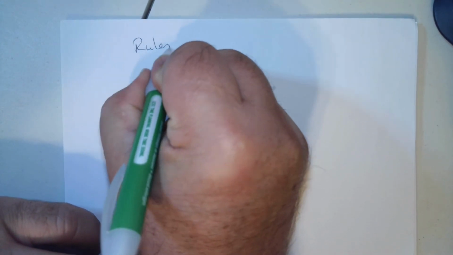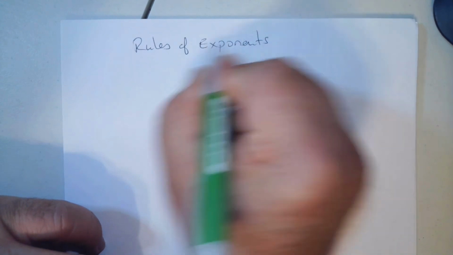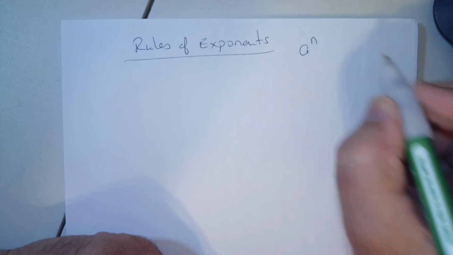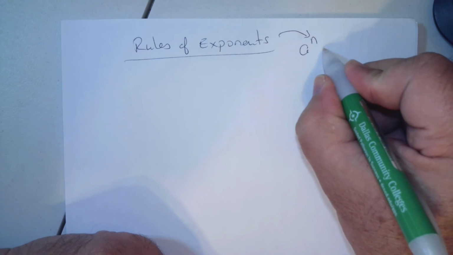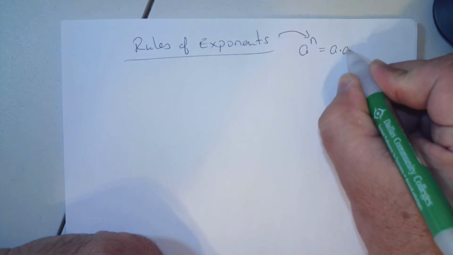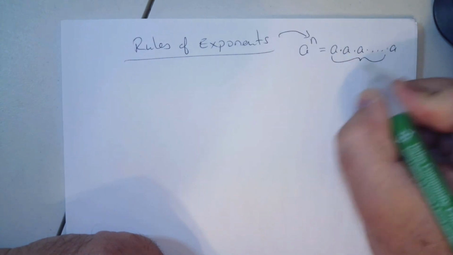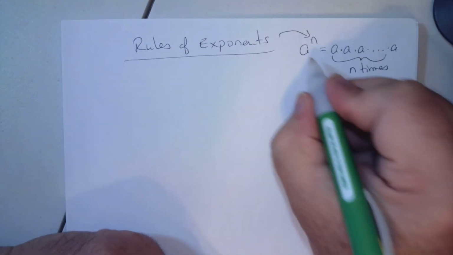All right. Now let's talk about exponents. Yay. Rules of exponents. We know what they are. Exponents are those: A times A times A times A, n times. That's the exponent.